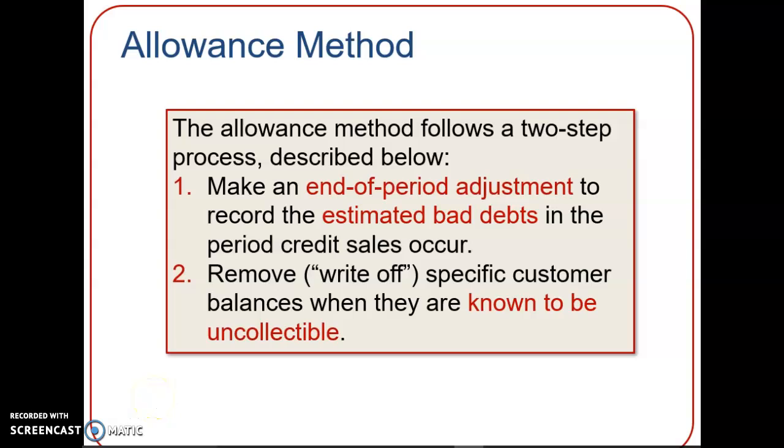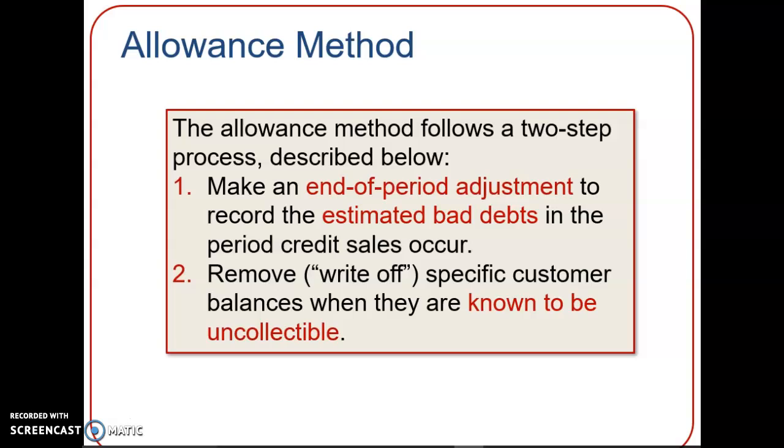Alright, so we continue with the allowance method. The allowance method says we take two steps in terms of estimate and then actually write off bad debt. The first step, as we have seen, we made an end of period adjustment on January 31st to record the estimated bad debts in the period when credit sales occur.